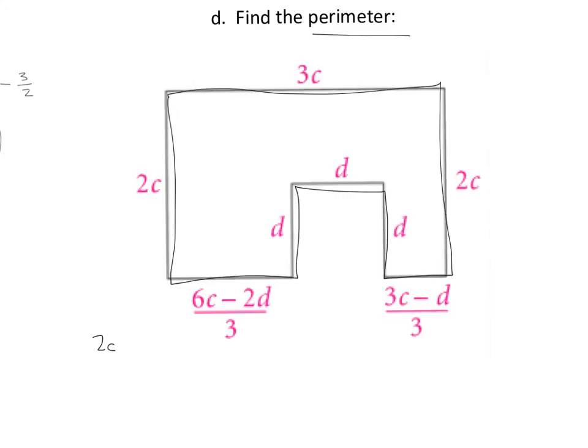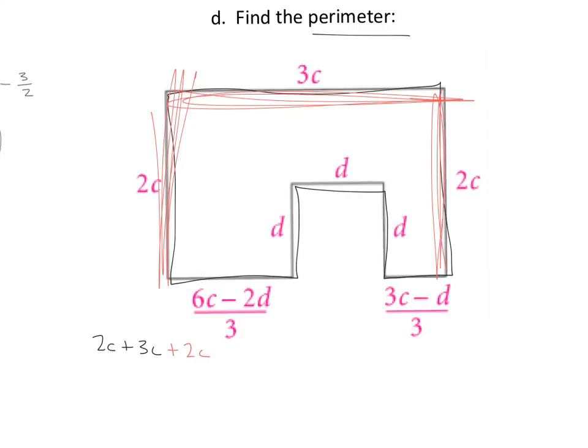So 2c plus 3c, I'm going to trace as I go. 2c plus 3c plus 2c's plus 3c minus d over 3 plus a d plus a d plus a d plus a 6c minus 2d over 3.